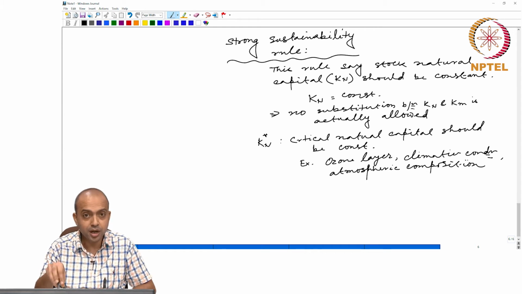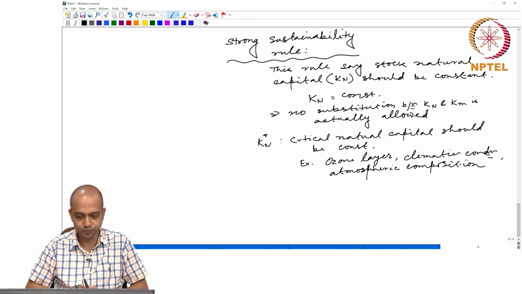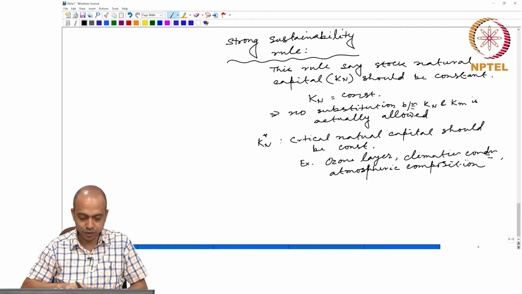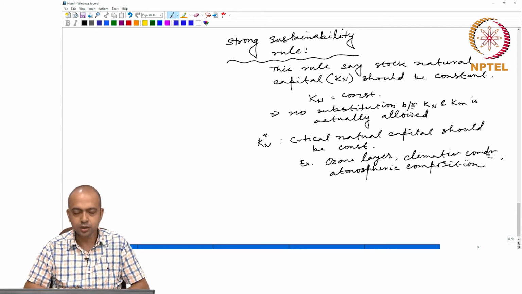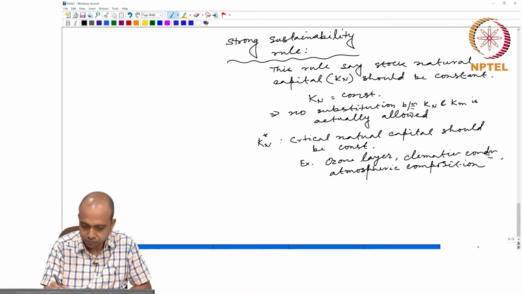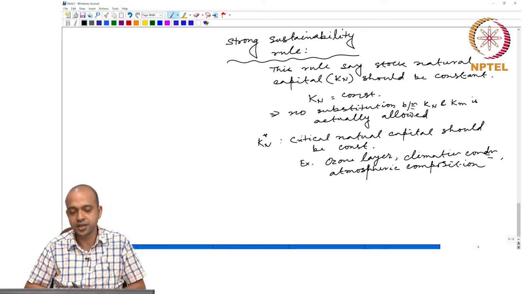Why are they called critical? Because they are required for the very survival of human beings. If the ozone layer is depleted, then we can understand the consequence; we cannot survive. That is why, while the strong sustainability rule says the stock of Kn should be constant, here it says Kn star should be constant, where Kn star is the critical natural capital.